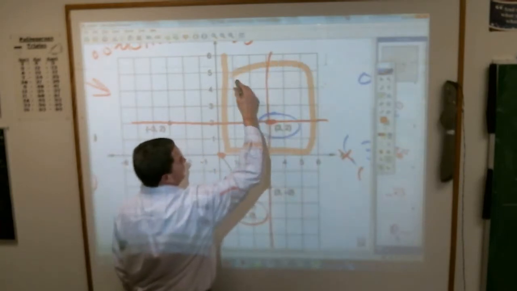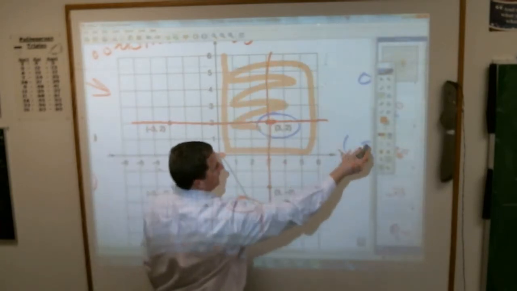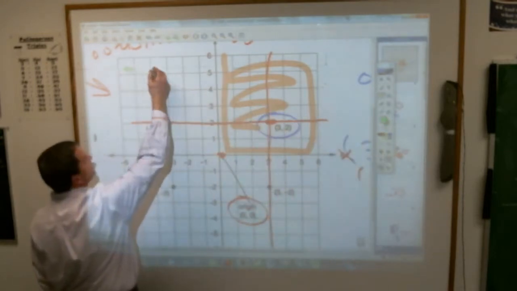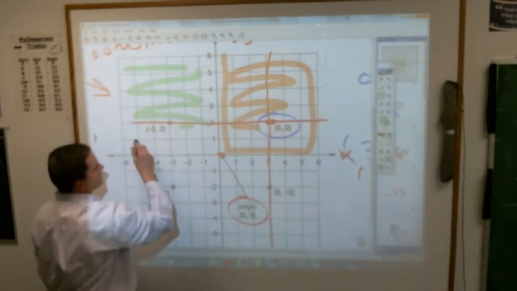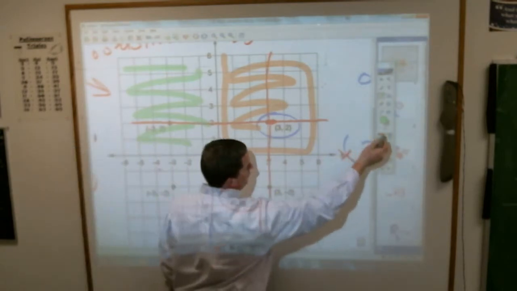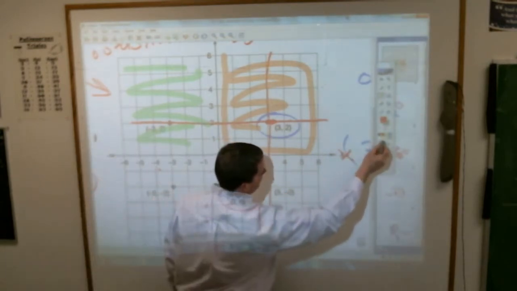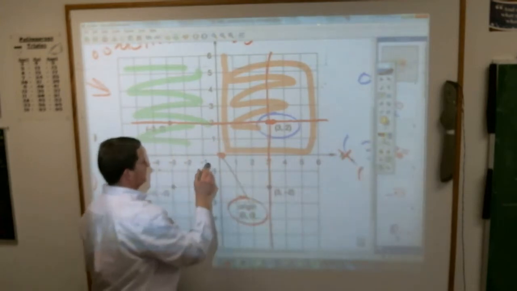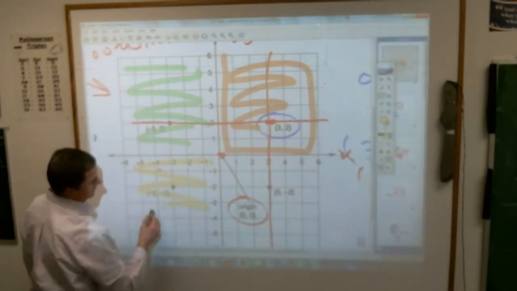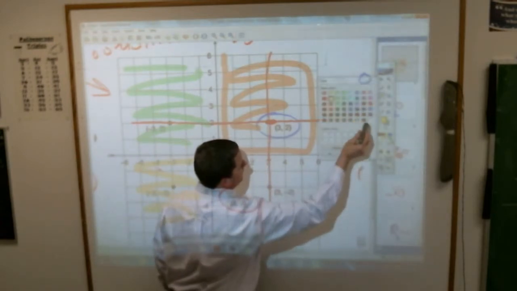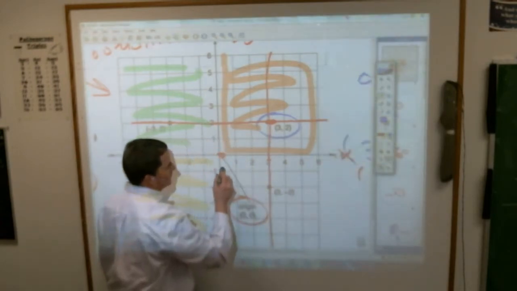You've got this quarter right here, and this quarter right here, and this quarter down here. I should go with a different color. Go yellow. I like yellow. And you've got this quarter over here.